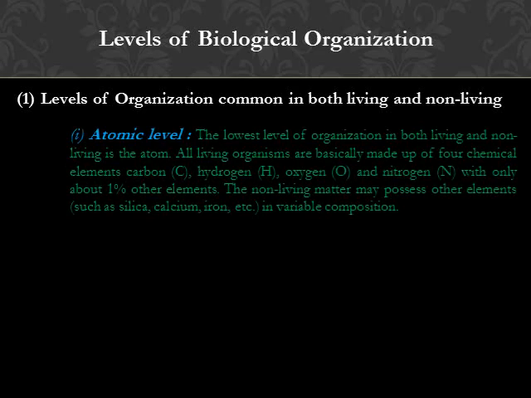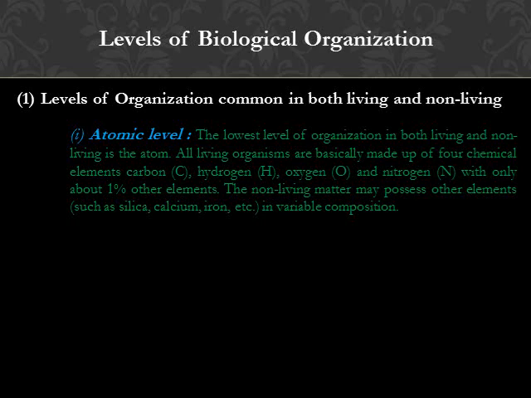First, atomic level. Now, the lowest level of organization in both living and non-living is the atom, as all living organisms are basically made up of four chemical elements, that is carbon number 1, hydrogen number 2, oxygen number 3, and nitrogen number 4, with only about 1% the other elements.